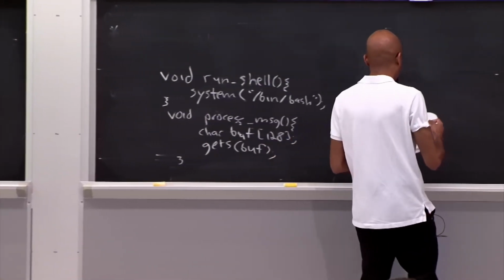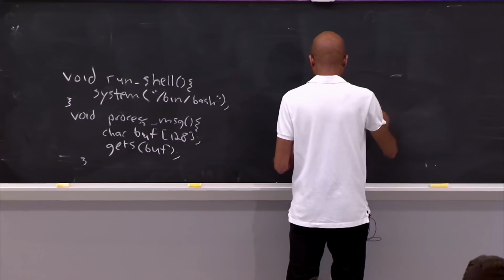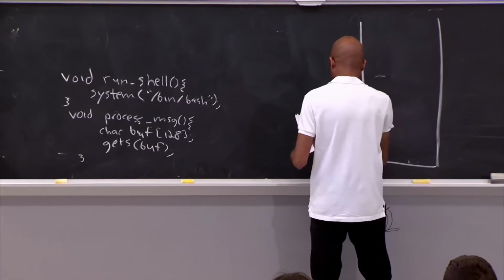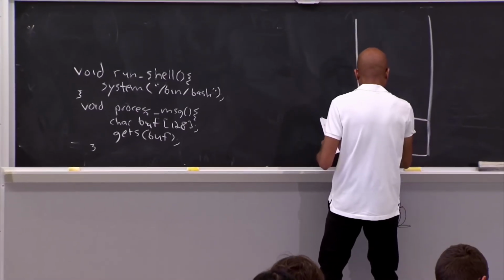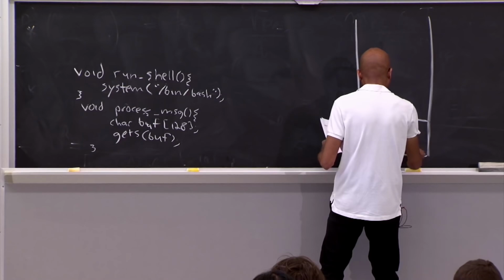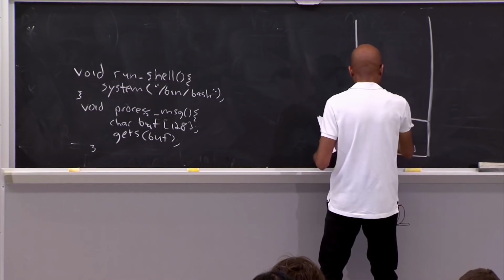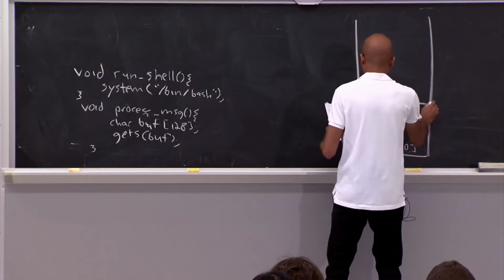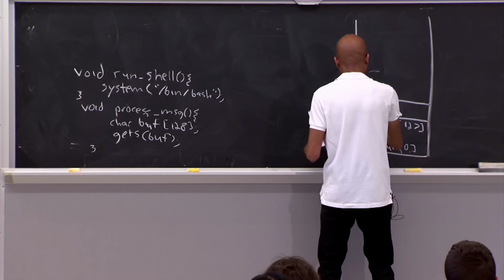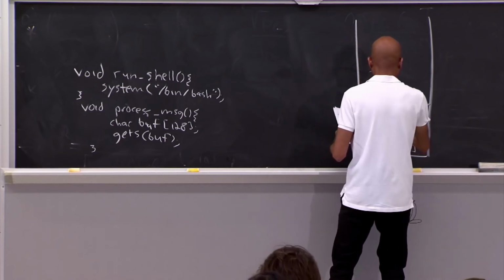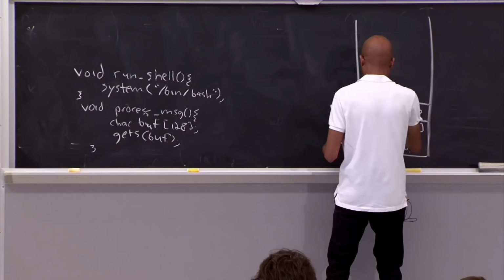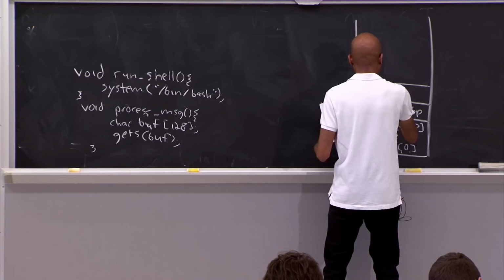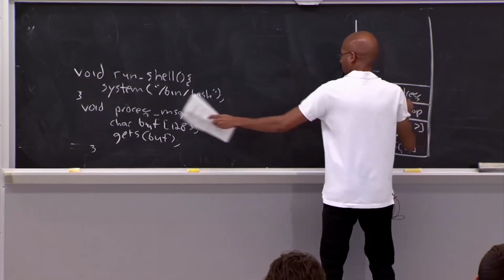Just to make that clear, let's draw it over here. We have a setup that looks something like this. At the bottom, we have the buffer that's being overflowed. Up here, we have the saved base pointer. Up here, we have the return address for process message.